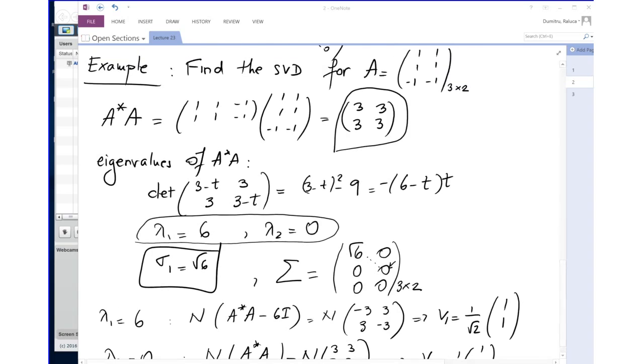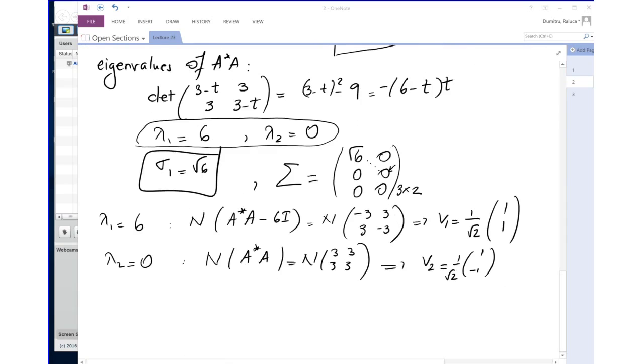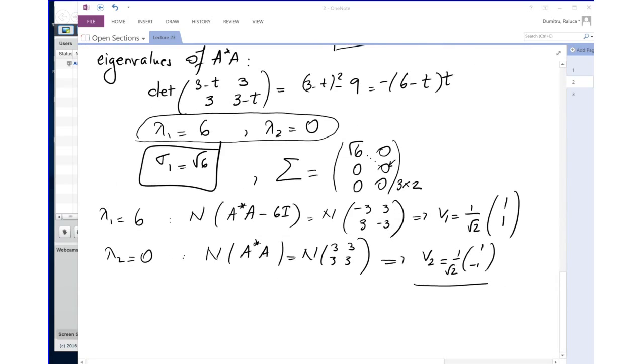All right, so A is 3 by 2, so L sub A is going from R2 to R3. The first basis, the V's, will be a basis for R2, so you need 2 of them, right? Here they are, V1 and V2, an orthonormal basis for R2.